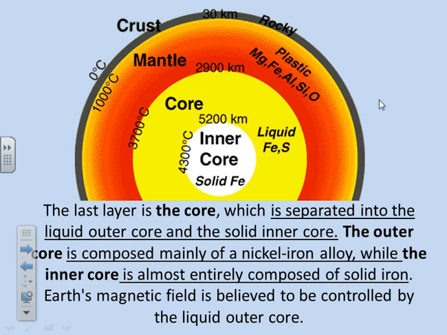So the last layer that we're going to talk about is the core. It's separated into the outer core and the inner core. The outer core is liquid, the inner core is solid. The outer core is composed of a nickel-iron alloy, while that inner core is almost entirely composed of solid iron.